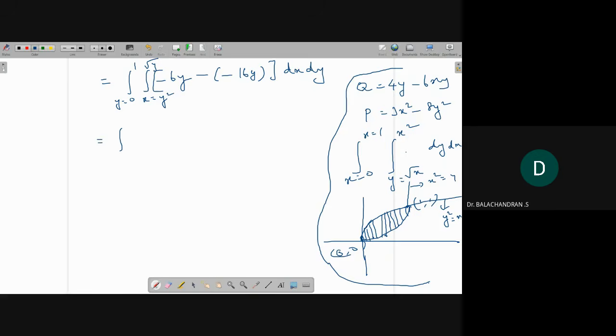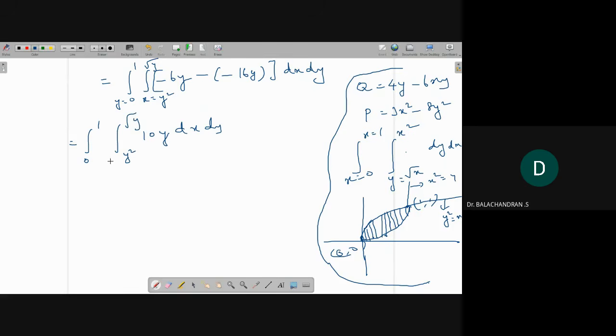Now y equal to 0 to 1. So this is actually 10 integral y, dx dy. I missed one integral. So this is equal to integral 0 to 1, x from y square to root y.